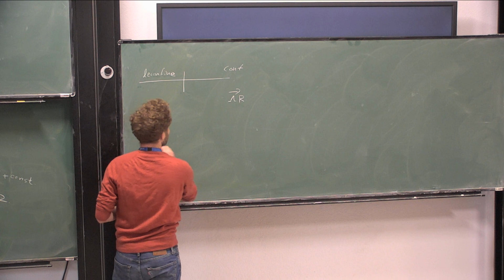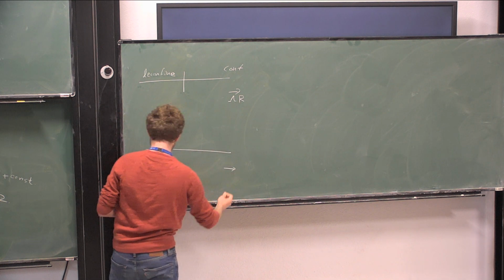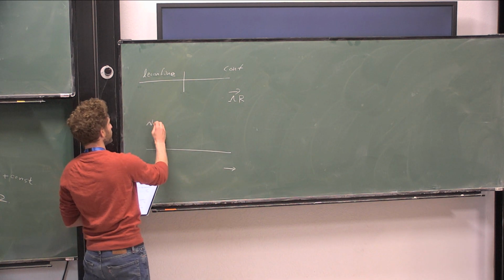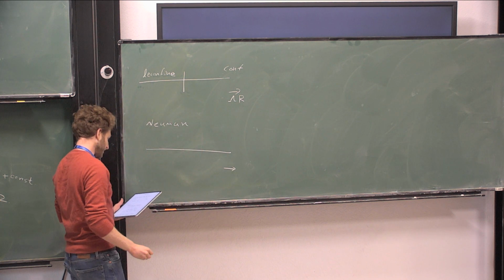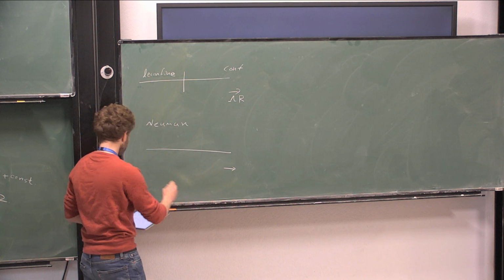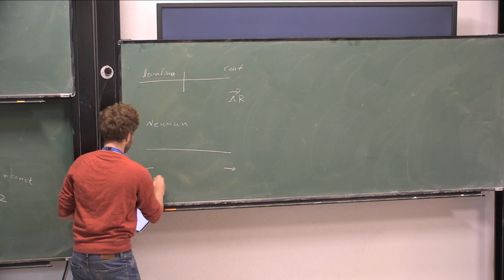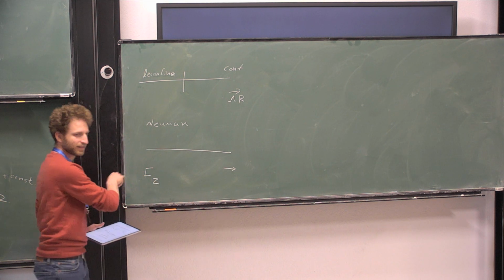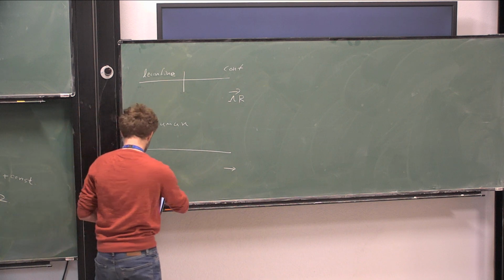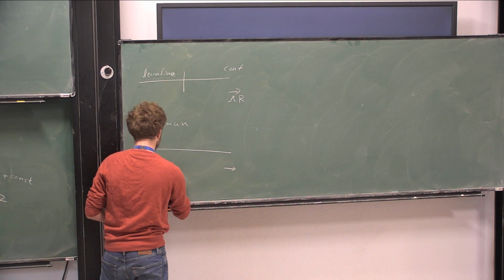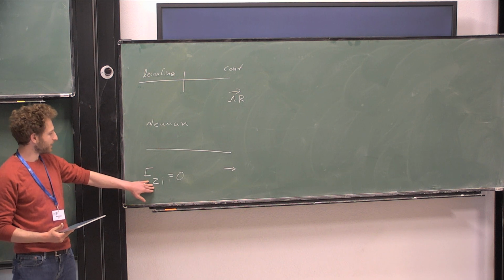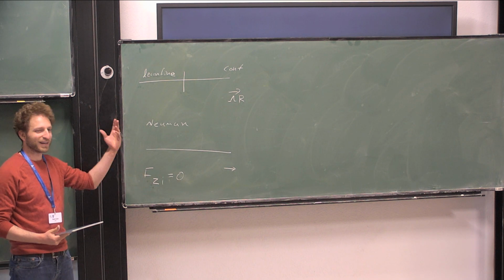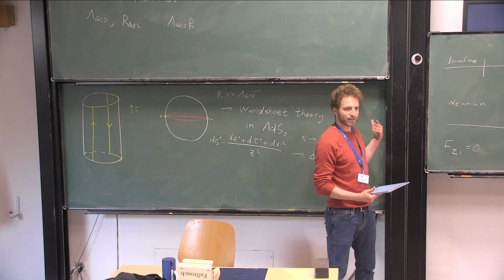Now, what we are talking about today is instead putting AdS with Neumann boundary conditions on the gauge field. That means that if z is the direction into AdS, we're setting F_zi to be 0. So if you think about this classically, this just means there's no chromoelectric flux going out of AdS.